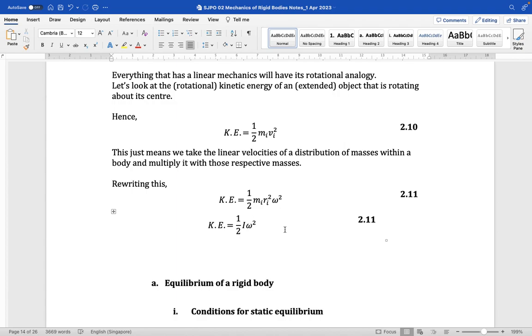So everything that has linear mechanics will have its rotational analogy. So we also have equations that relate to kinetic energy for rotating objects. We simply substitute v equals r omega into this equation and we get m r squared omega squared, and then we express this in terms of the moment of inertia.